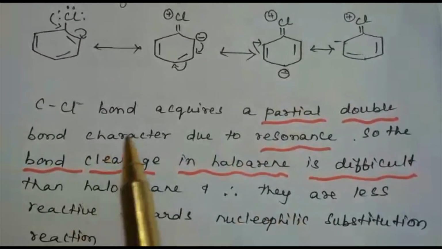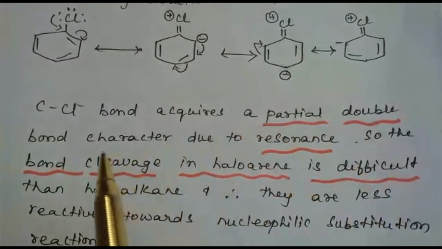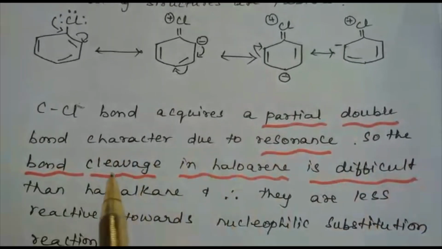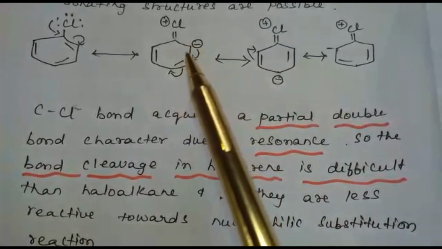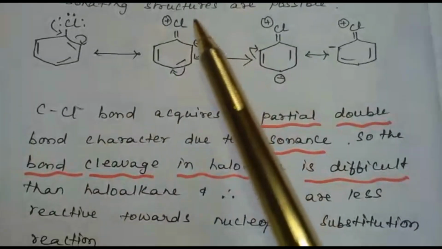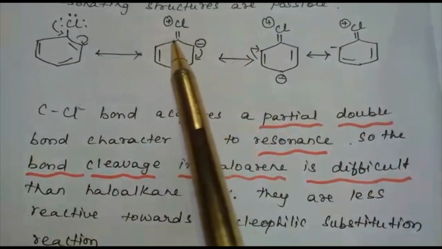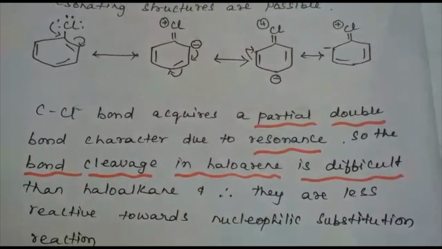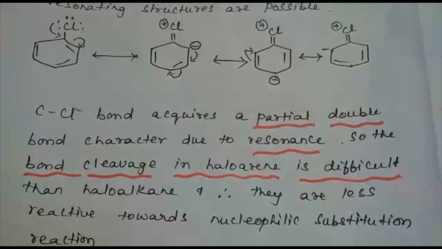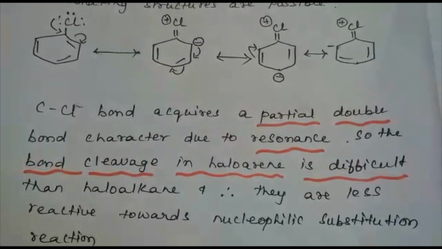The C-Cl bond acquires a partial double bond character due to resonance. So the bond cleavage in haloarene is difficult. So they are less reactive towards nucleophilic substitution reaction.